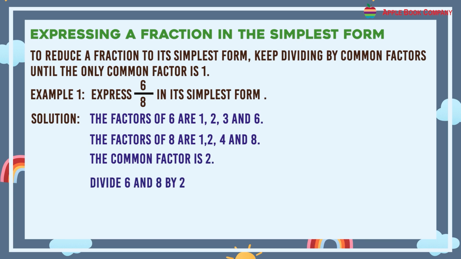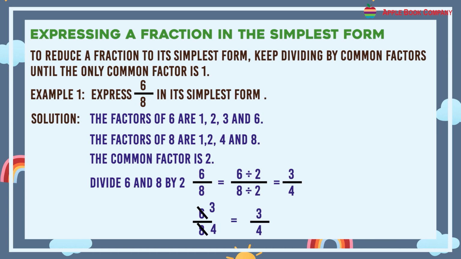Divide 6 and 8 by 2. 6 by 8 equals 6 divided by 2 by 8 divided by 2 equals 3 by 4. In actual practice, the division process is shown by cancelling out 6 and 8 by 2, as 6 by 8 equals 3 by 4.